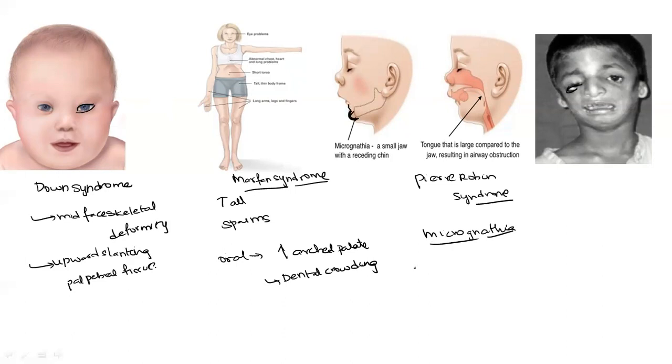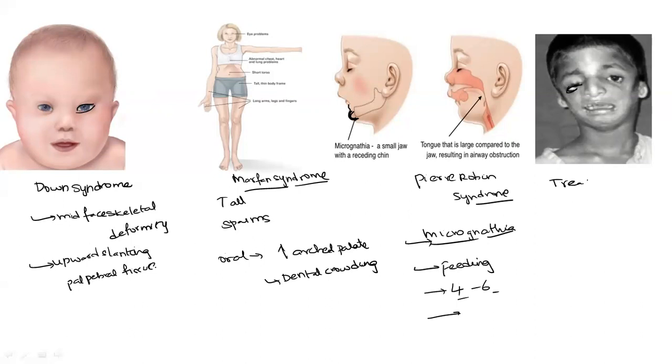So in these patients, there is small jaw. So therefore, when they are fed, there will be a problem. But then later it becomes normal by the age of 4, and by 6, usually they'll be healed. But sometimes there might be some problems, very rarely, which might have to be treated at a later stage.